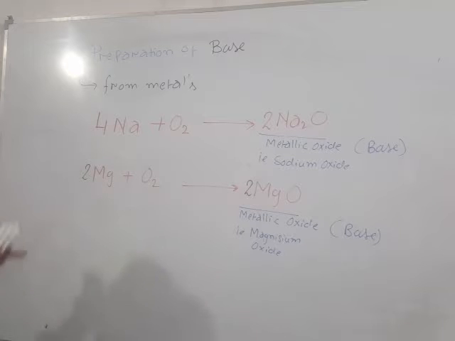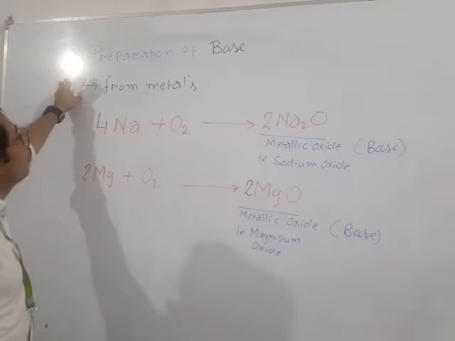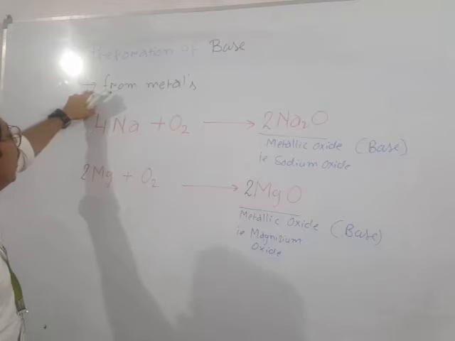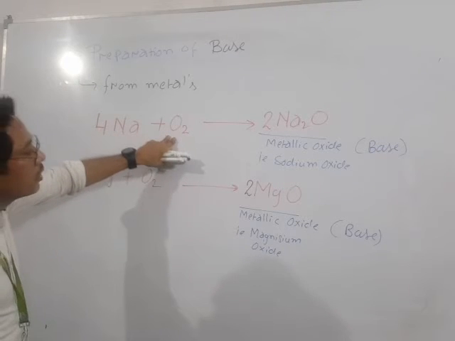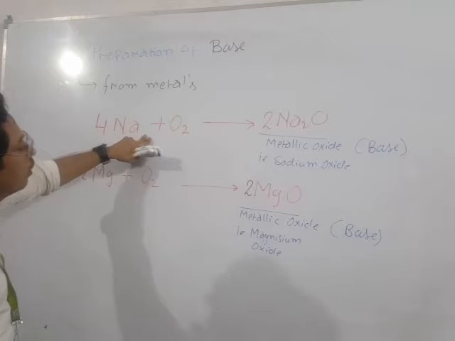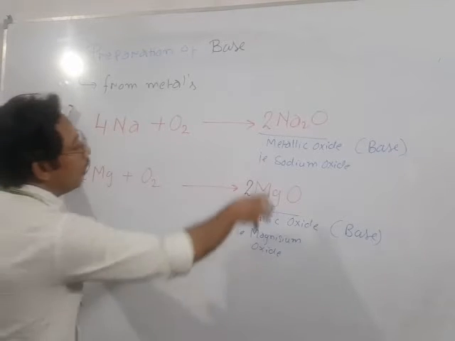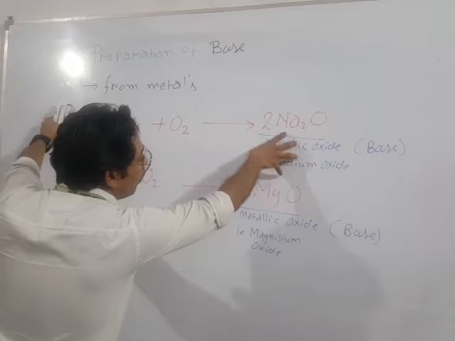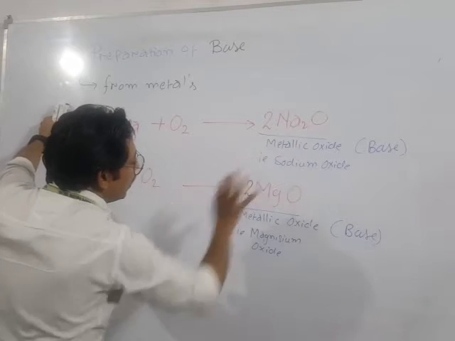So you can prepare the base from a metal by reacting it with oxygen, or burning or heating it along with oxygen. After that you will get sodium oxide or another metallic oxide as a base.